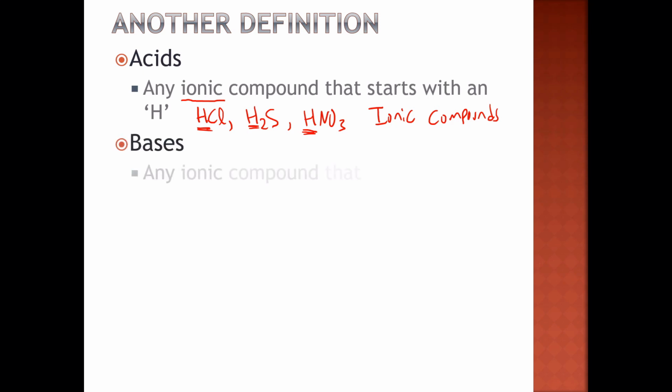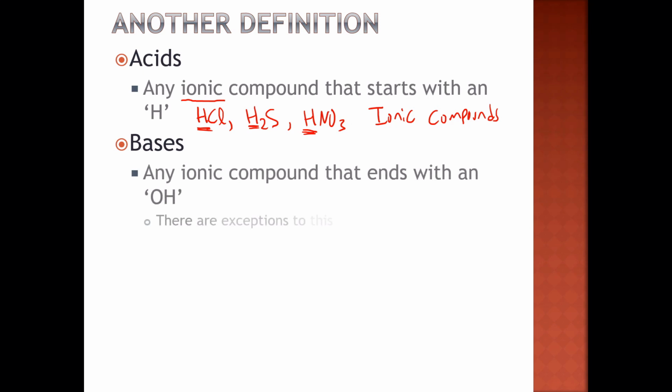And then similarly, a base is anything that ends with an OH group, so anything that ends with a hydroxide. There are plenty of exceptions to this particular rule, so this is not a robust rule. This is just a quick and easy thing you can do to figure out if your substance is an acid or a base. Just look for the hydroxide group.